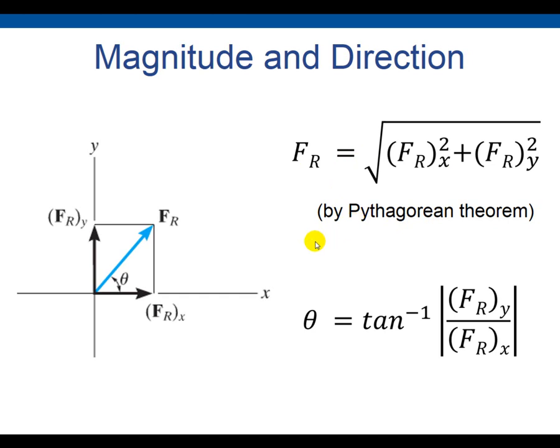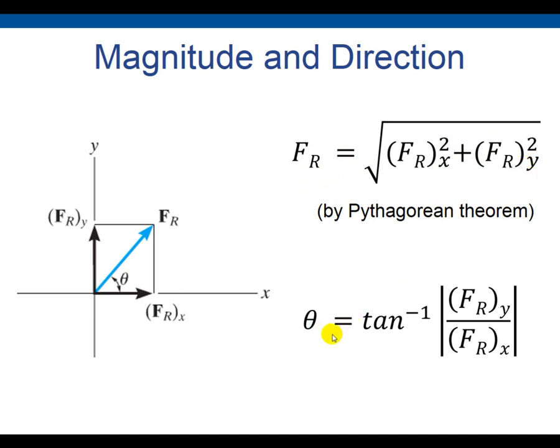Under these rectangular vector components, which means FRx and FRy are at 90 degrees, a right angle, we can apply the Pythagorean theorem to calculate the magnitude of the resultant force. So the magnitude of FR is the square root of FRx squared plus FRy squared.